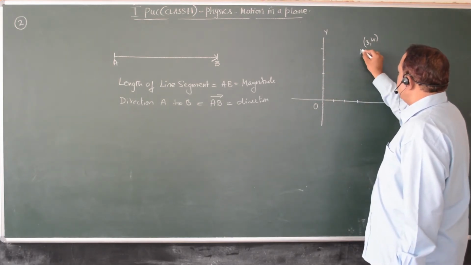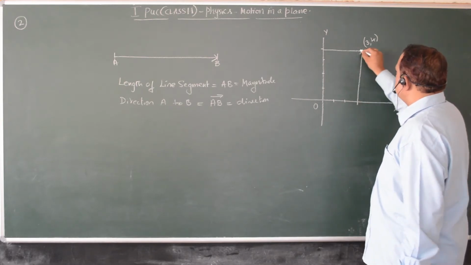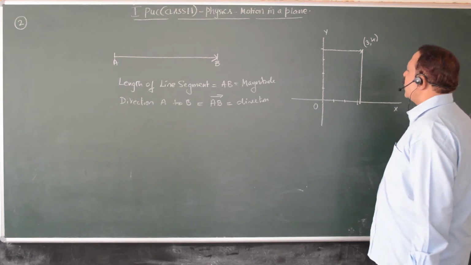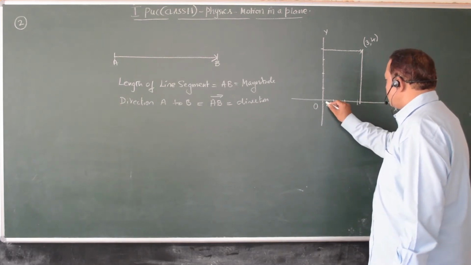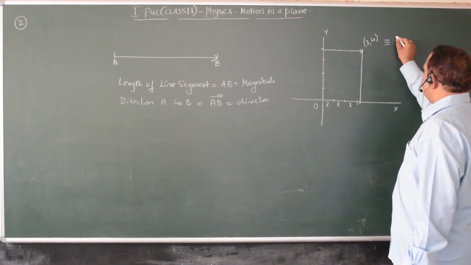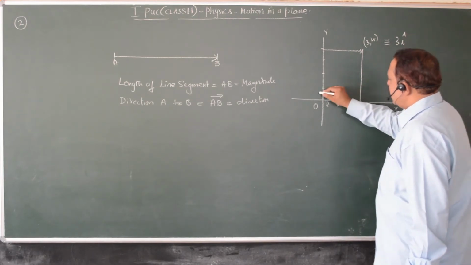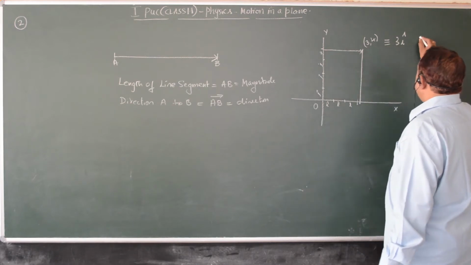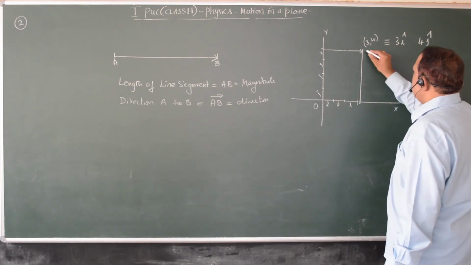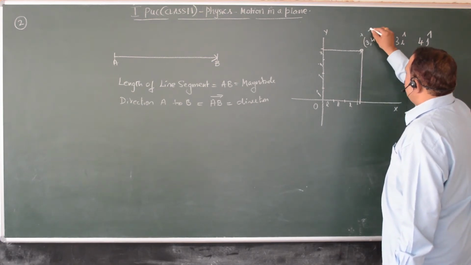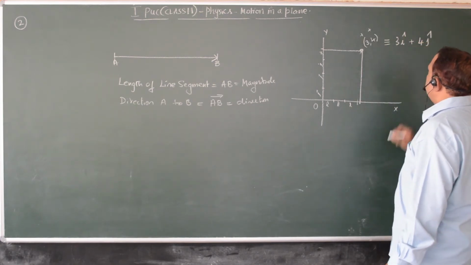So you locate the point 3, 4. This is 3 I caps and 4 J caps, and the point is present in the first quadrant. In the first quadrant you have plus, comma, plus, so you write plus.